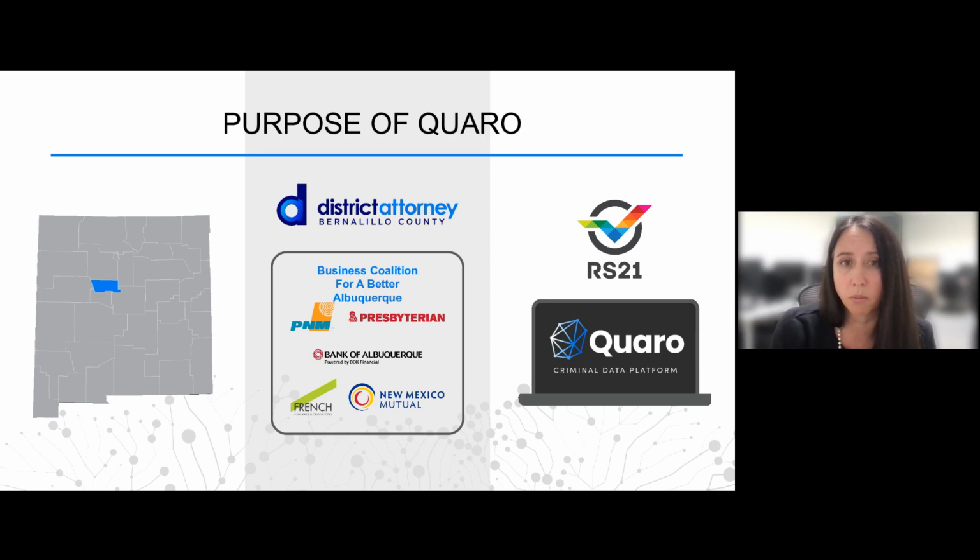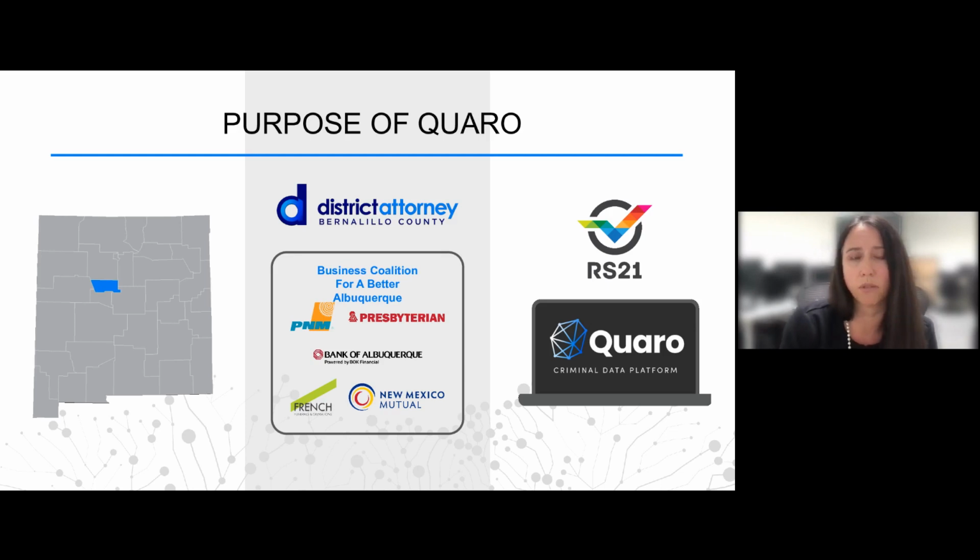And these insights can promote and streamline data-driven prosecutorial decision-making. So Quaro really enhances rather than replaces the human element and helps empower thoughtful, just, and effective decision-making in that space.